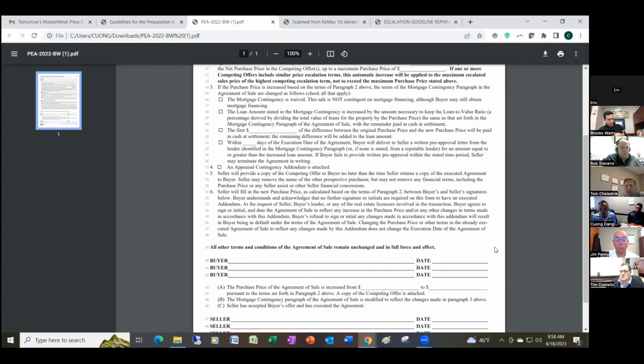But the best way to learn that form is bring your scenarios and let's talk it out. Appraisal gaps. What if the buyer's willing to cover this or the seller's not willing to do that? That type of thing. Bring your scenarios and let's talk it out and see what we would do on the form to make it the right way.